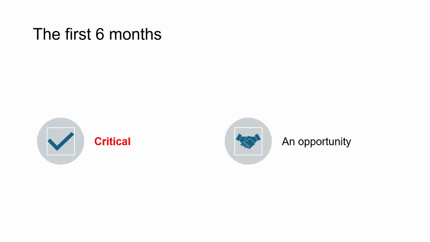So that first 6 months after you received your funding, in my opinion, is critical. It is time that needs to be spent to ensure the conduct of the trial once it starts is going to run smoothly, and that you don't need additional time to address barriers that come along.